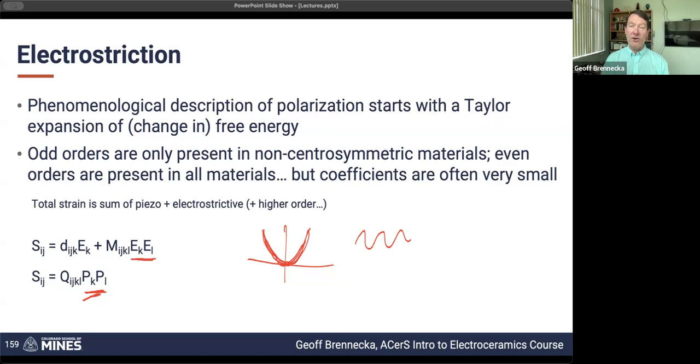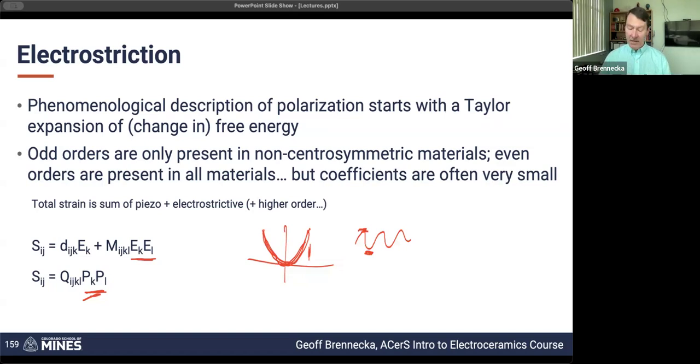In the US, the frequency of the power lines is 120 hertz. We hear that hum, sorry, it's 60 hertz. We hear that hum at 120 hertz because we're getting a maximum in strain at both the positive and the negative. And so the frequency that we hear that hum is twice the applied frequency of the current flowing through that transformer. So that's magnetostriction.